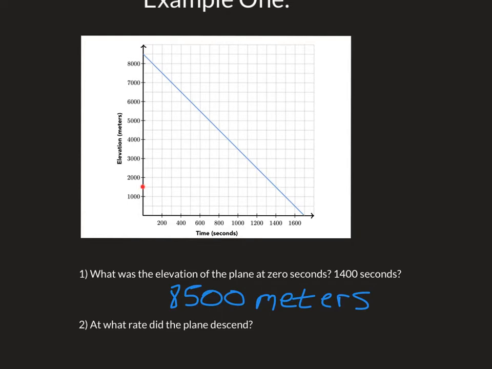Where this red dot is represents 1500, and that's where our line is, right here. Do y'all see that? I hope so. So the answer to the second part of this is 1500 meters.